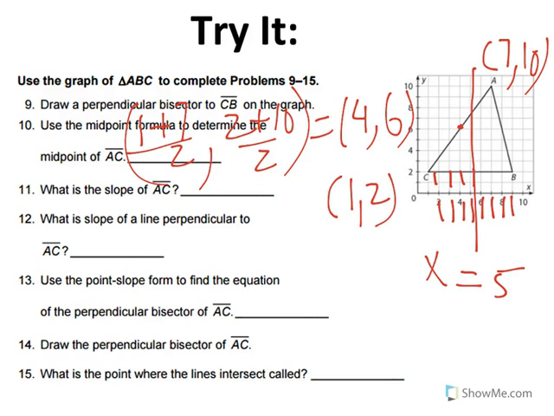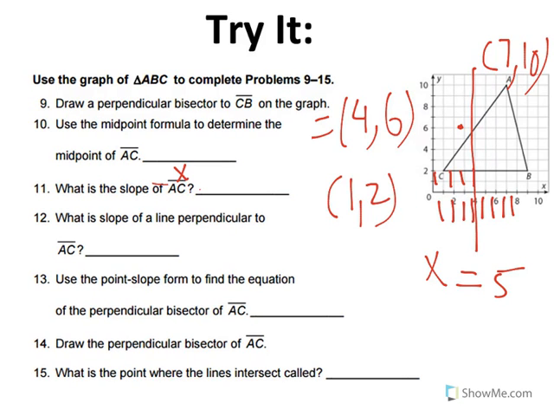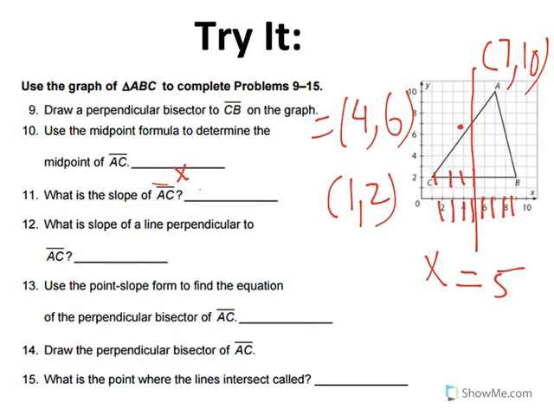Right, and then for the next one, what is the slope of the segment from A to C? Okay, so the formula for the slope is y2 minus y1 over x2 minus x1.